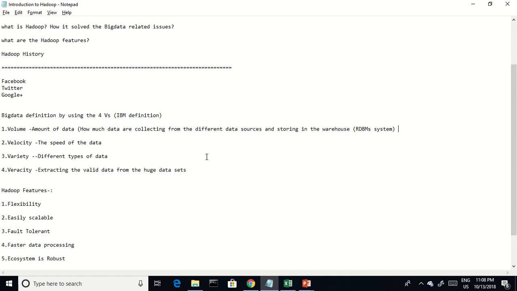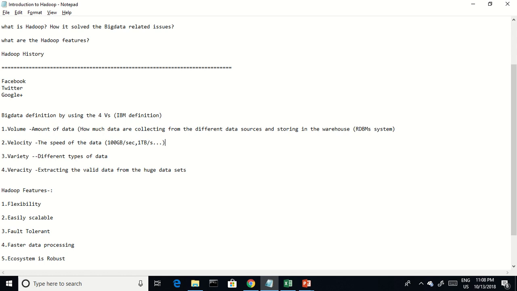So here, velocity means how fast the data is generating. For example, 100 GB per second or 1 TB per second. This is the velocity of the data, meaning at what speed it is generating from the different data sources.